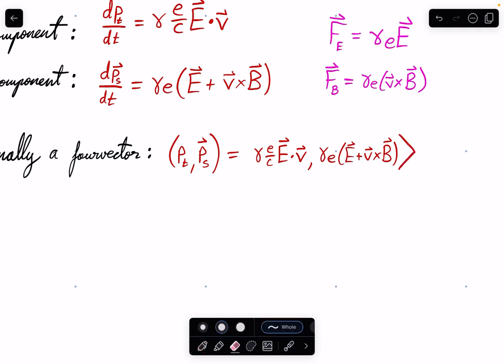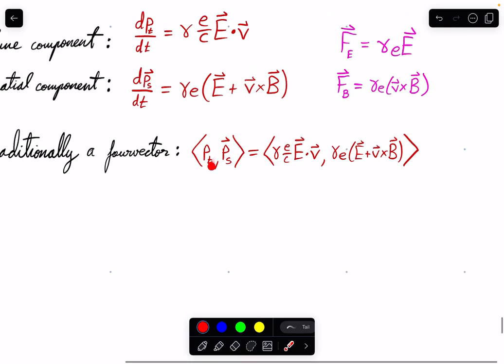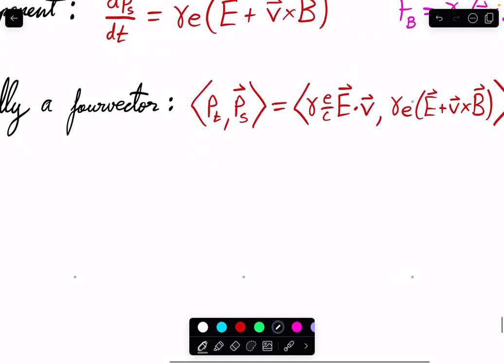And then actually I'll write the 4-vector like this. These angle brackets are traditional ways to write a vector. So if you put an angle bracket and then a comma, you have components of the vector here. So this is a 4-vector. This represents the 3 spatial components, so there'll be three scalar components in here. This would basically give you px, the momentum in the x direction, momentum in the y direction, momentum in the z direction.